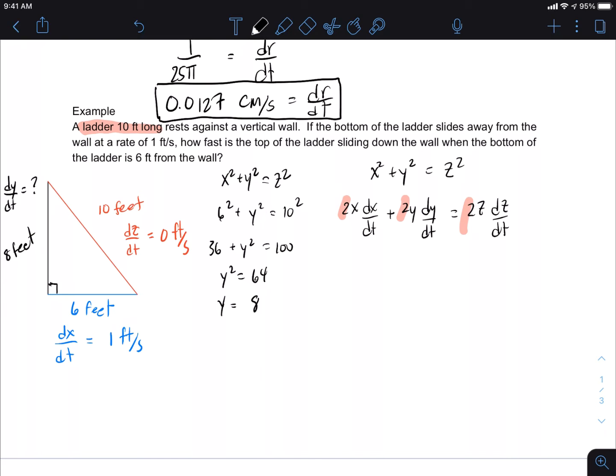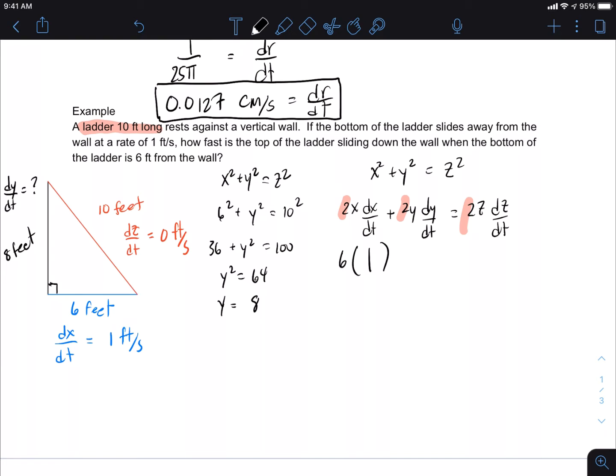And now we have all the information that we need. We're looking for how fast the ladder is falling. Right? So we know that the x distance was what? x should be the 6 feet, right? What is the rate of change with respect to time for x?